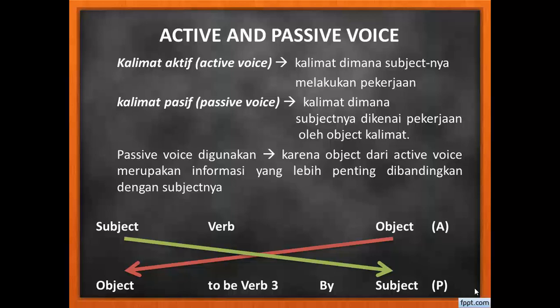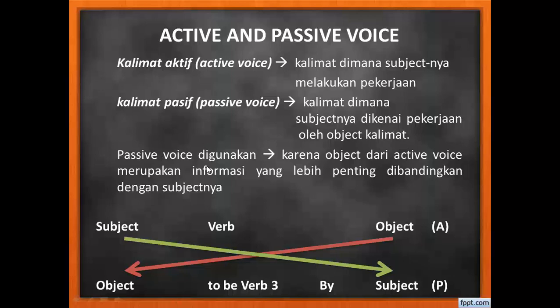In conclusion, the active voice here is the sentence in which the subject is doing the action. Meanwhile, the passive voice is where the subject is not doing the action, but the subject is done by the object. That's the passive voice.